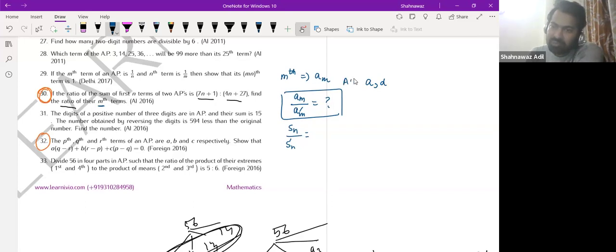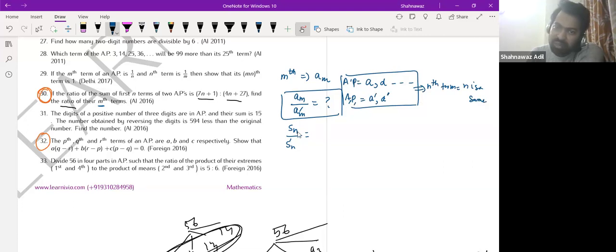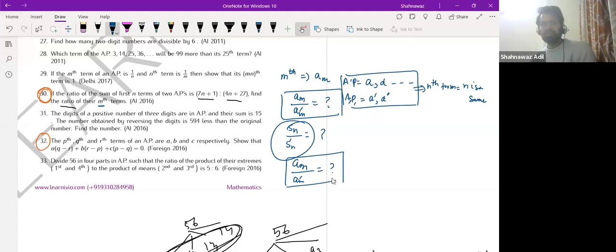So you have one AP, and then another AP whose first term is, let's say, A prime and common difference is D prime. So this is given, but their n is the same for both of these, right? You need to find out am by am prime. Please do this question, guys.